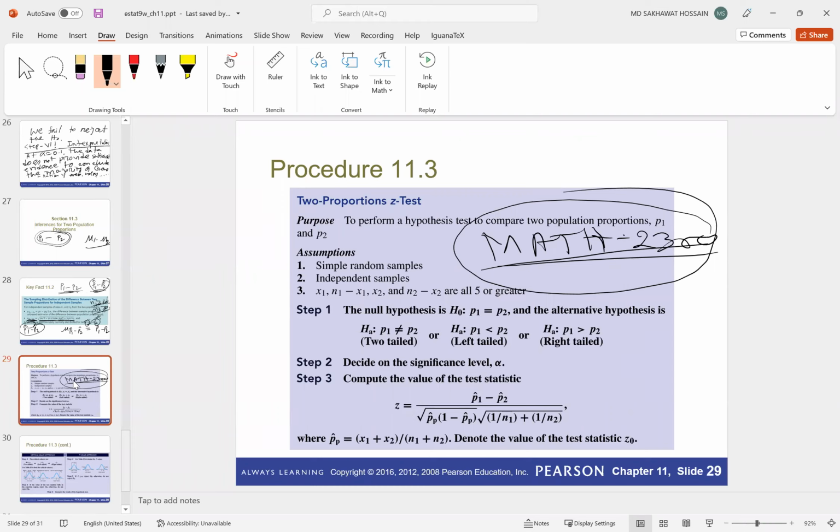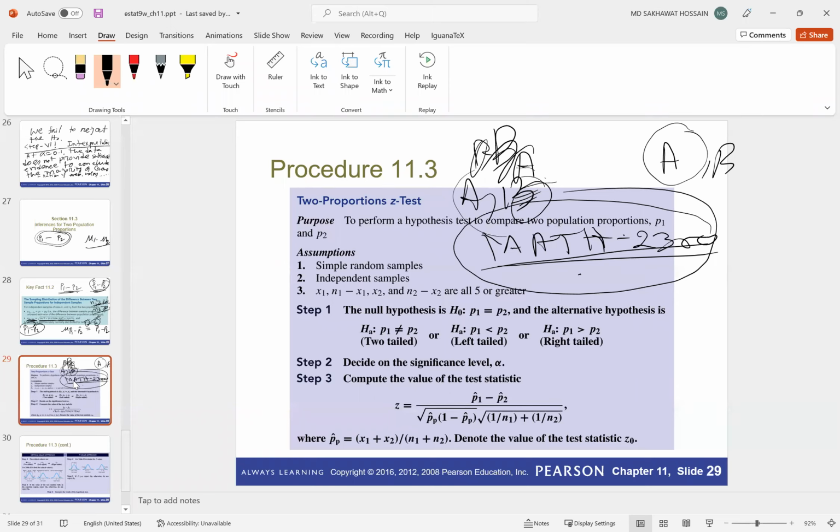Another way is to see how many students received an A grade: the proportion of students who received an A in online classes, and the proportion who received an A in face-to-face classes, or maybe A or B. We want to see the percentage of students in online classes who received either A or B, and the percentage in face-to-face classes.